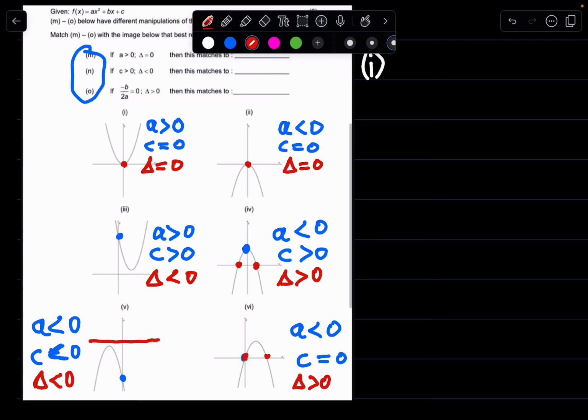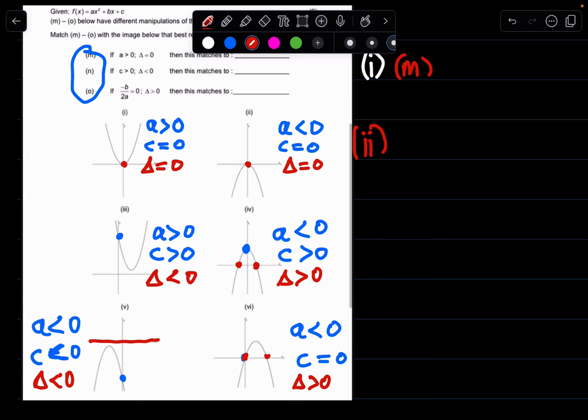Right now, let's see. The first graph best matches M. Do you see it? Because A is bigger than 0 and we have a delta of 0. So the first graph matches M. Then the second graph, let's see. We're looking for A less than 0, and then we're also looking for C equals 0.